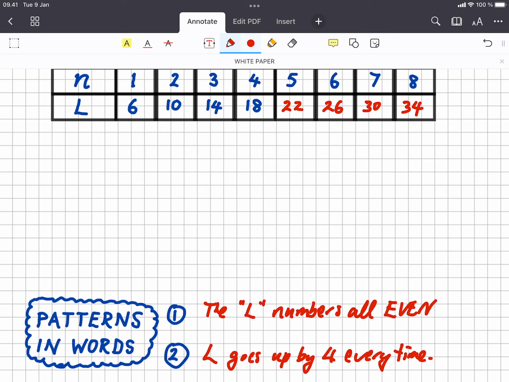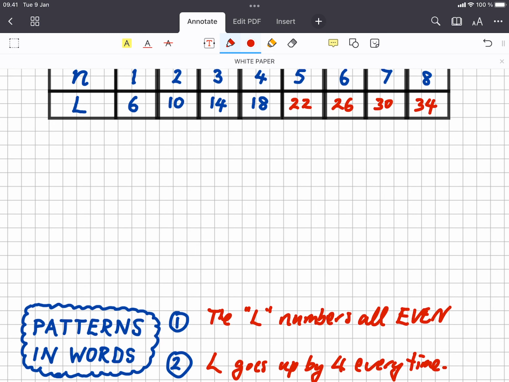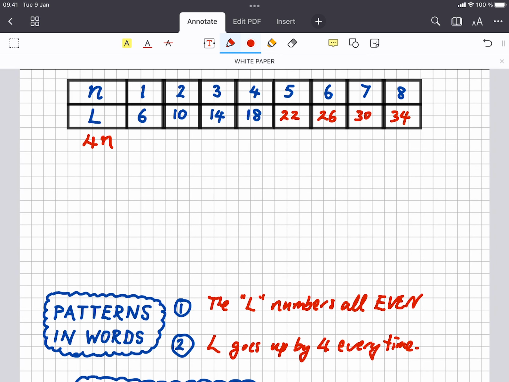And the fact that it goes up by 4 every time gives you a big clue that there's a 4n somewhere in the rule. So if we think about what 4 times n would be, 1 times 4 would be 4, 4 times 2 would be 8, 4 times 3 would be 12, and so on.